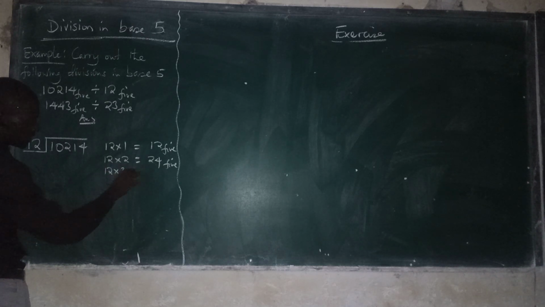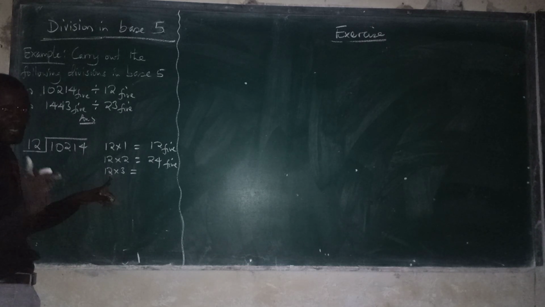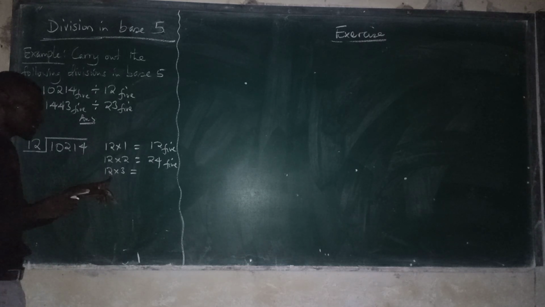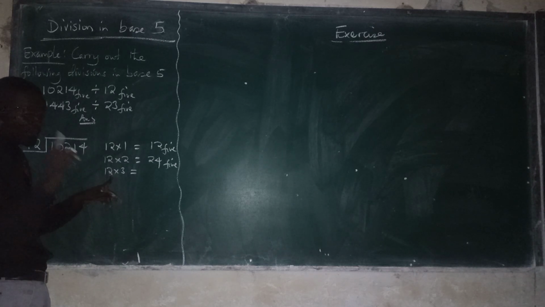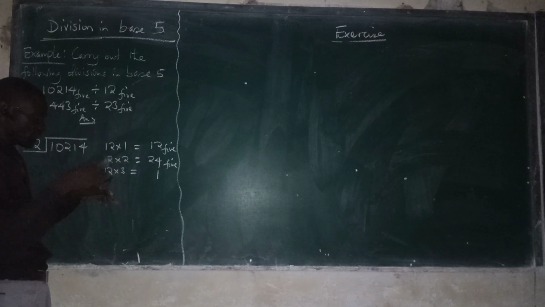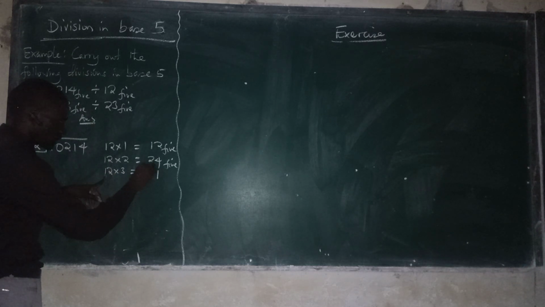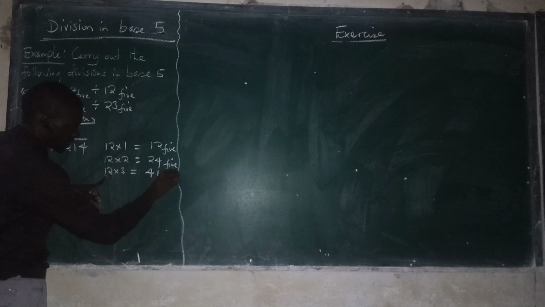Then 12 times 3, 3 times 2 is 6. Now there's a problem there. The 6, if we divide it by 5, goes in once, remainder 1. So we write the remainder, then the number of times it goes in, we carry to the next. So 3 times 1 is 3, plus the 1 we carry gives us 4 in base 5.